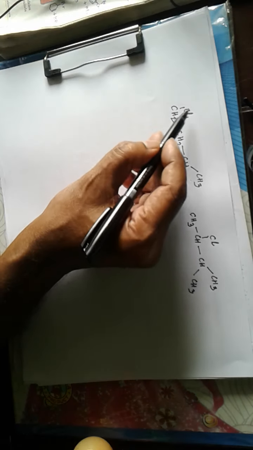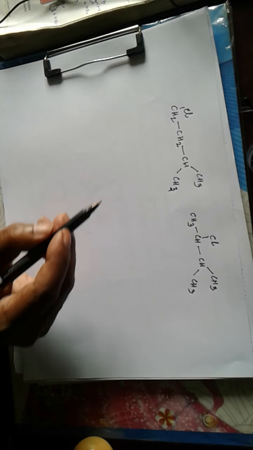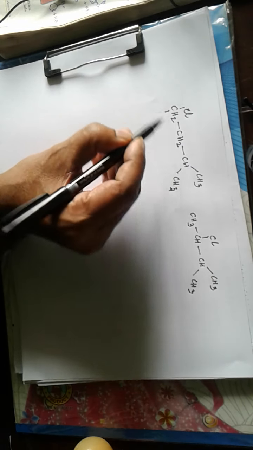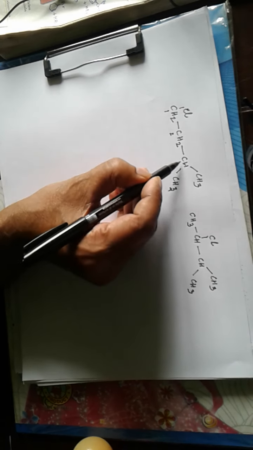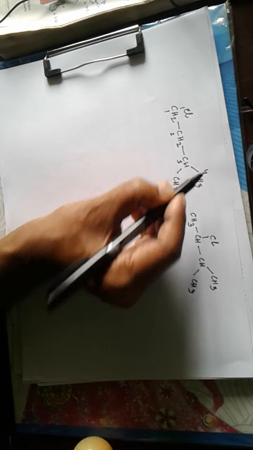Now numbering, the carbon connected to chlorine is given preference, so that this becomes carbon 1, this 2, 3 and 4.